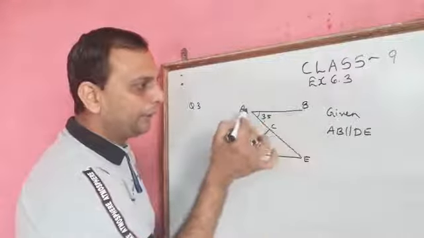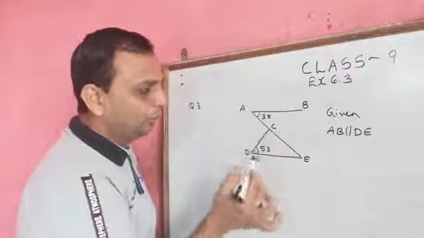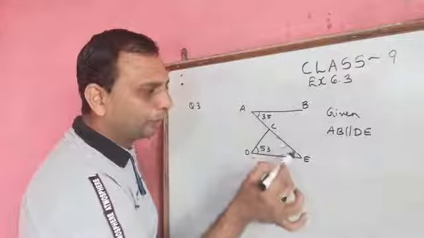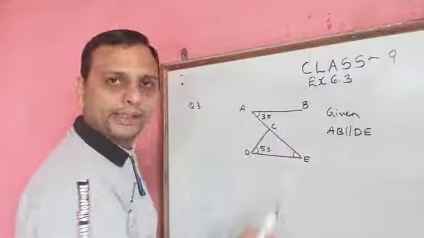So you can see here BAE is 35. So DEC will also be 35, because they are alternate interior angles.